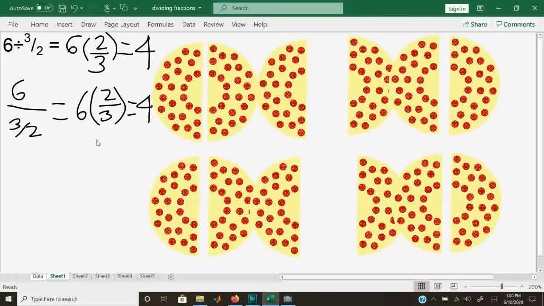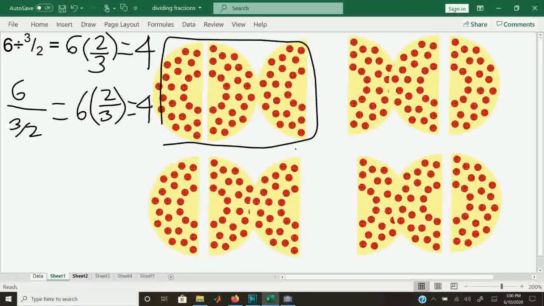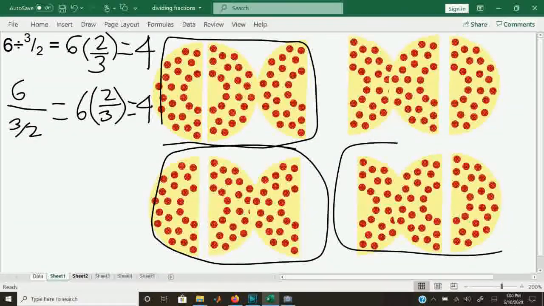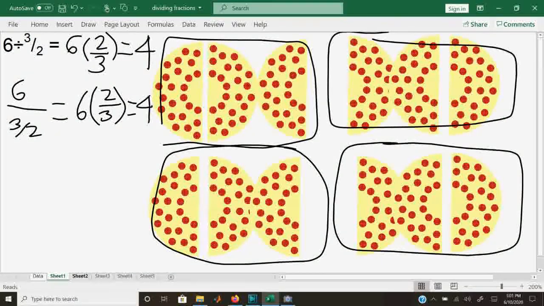Pretty straightforward when we're looking at a whole number divided by a fraction. I'm going to try to take that same idea now and see if we can apply it to a fraction divided by a fraction. A little more abstract maybe, but I think we can do it.